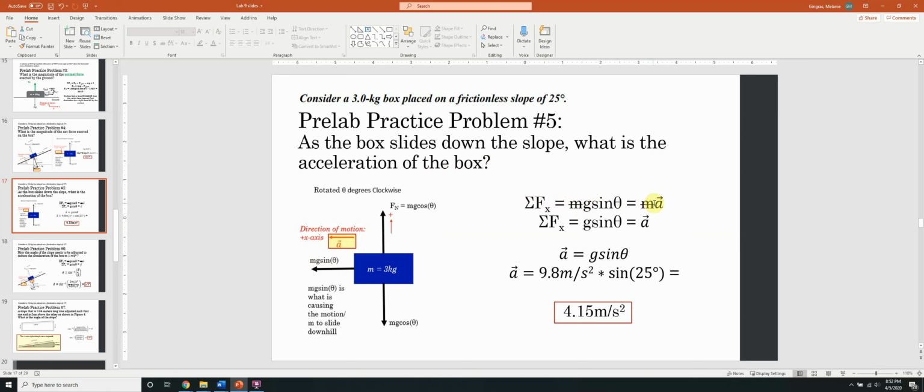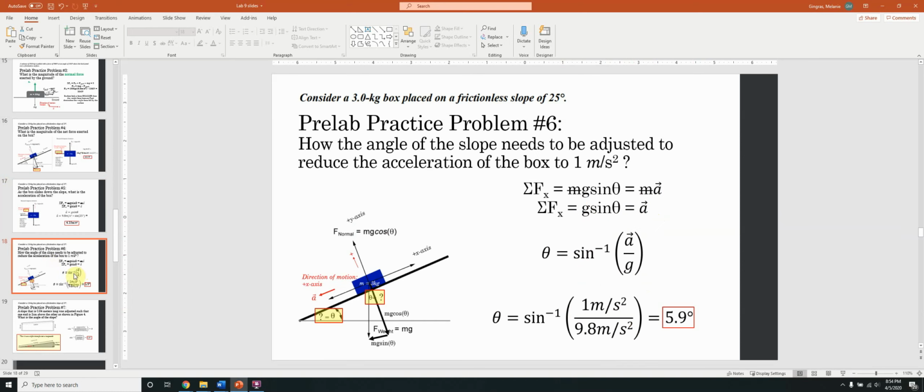Now these masses are the same, so they cancel with one another. So as we talked about in the other slide, we're just left with g sine of theta is equal to a. So we plug in our values. g is 9.8 meters per second squared times sine of 25 degrees. And we end up getting that our acceleration is equal to 4.15 meters per second squared.